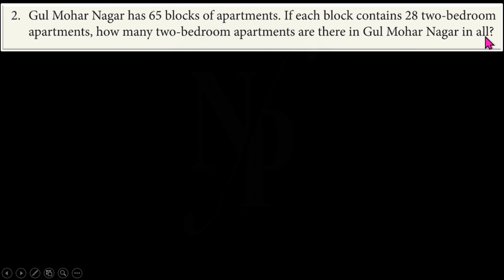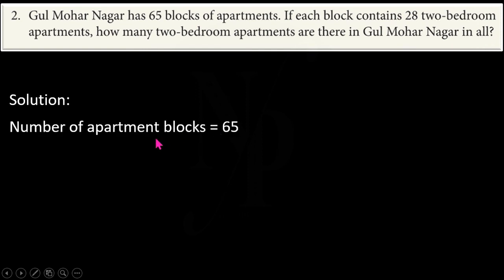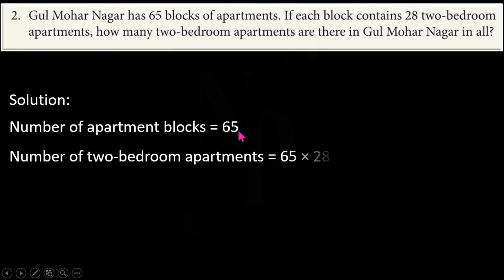Number of apartment blocks is equal to 65. Number of two-bedroom apartments can be found by multiplying 65 by 28, because there are 28 two-bedroom apartments in each block. So let us multiply 65 by 28 and find the required solution.